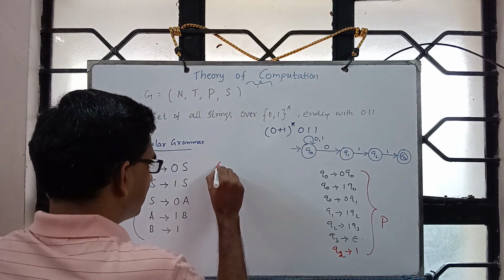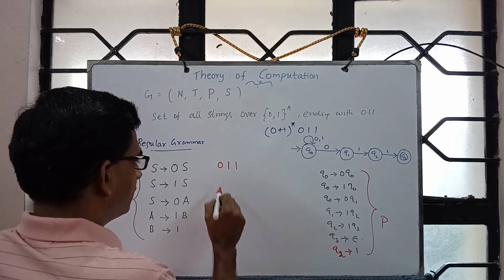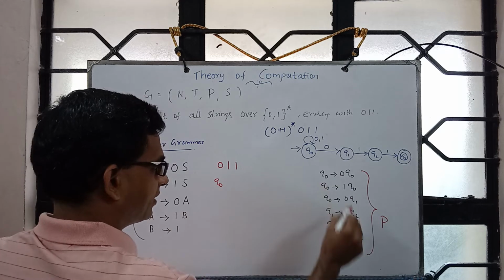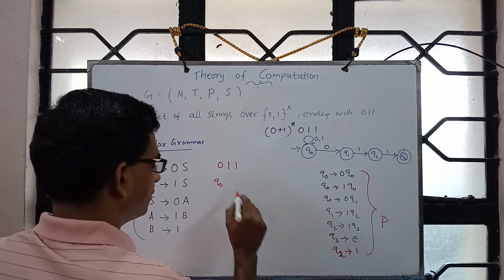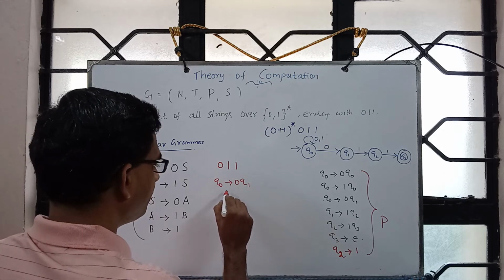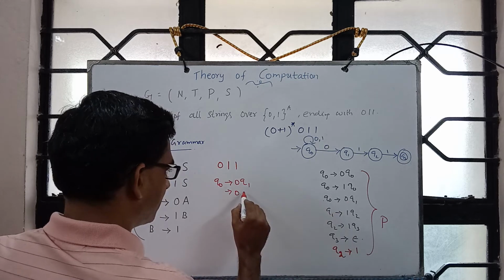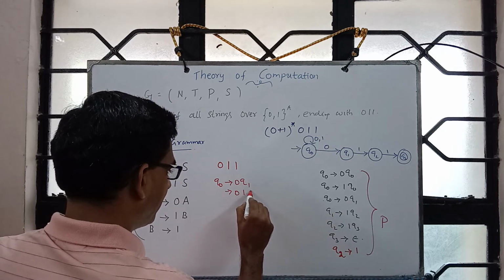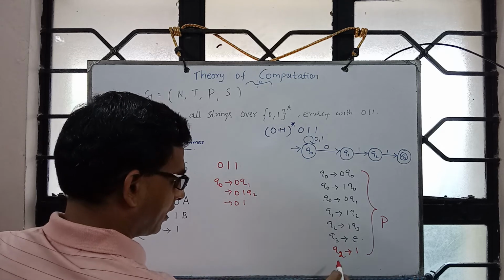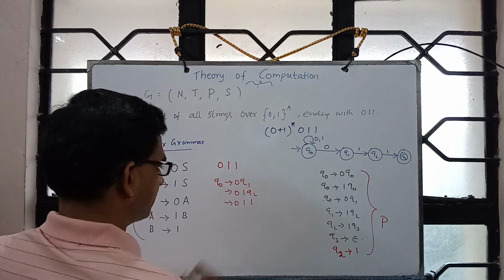Now look at the simplest string 0 1 1. So I need to start from Q0, and now I need to generate this. So let me take this. Q0 implies 0 Q1, and Q1 I replace by 1 Q2. Then there is a production Q2 implies 1, I'll use this.